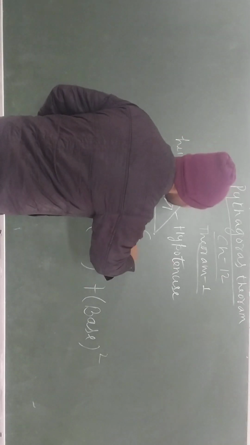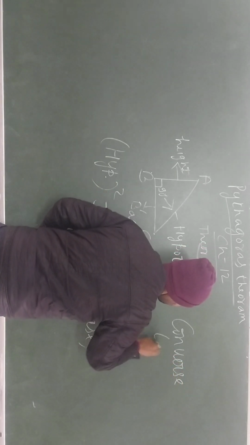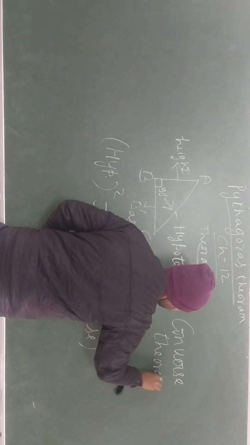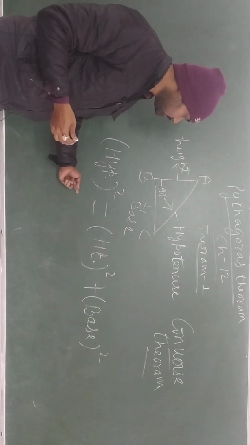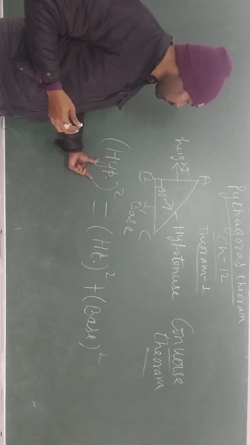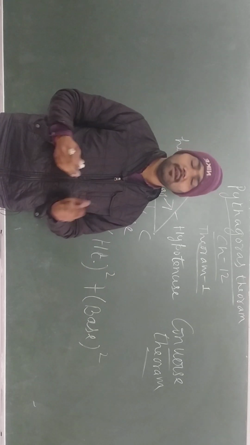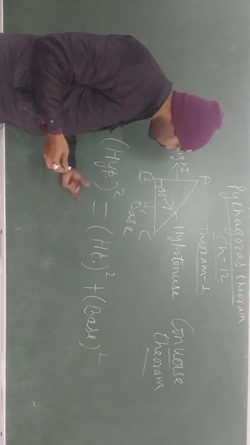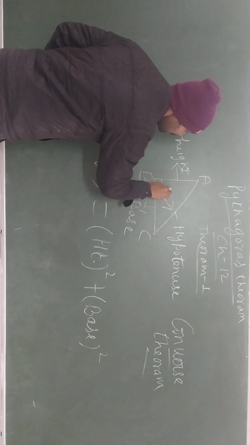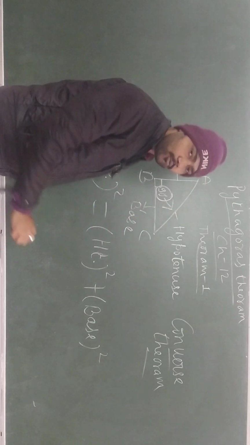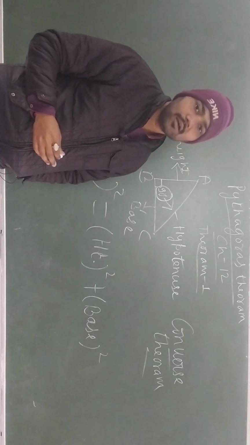So what does the converse theorem say? The converse theorem states that whenever a triangle satisfies this condition, that the square of the largest side is equal to the sum of the squares of the other two sides, then the angle opposite to the largest side will be a right angle.